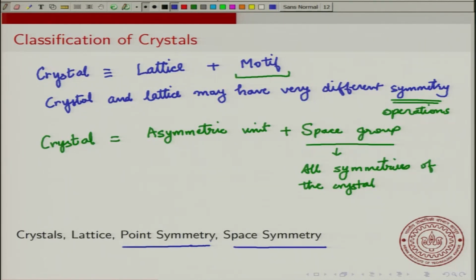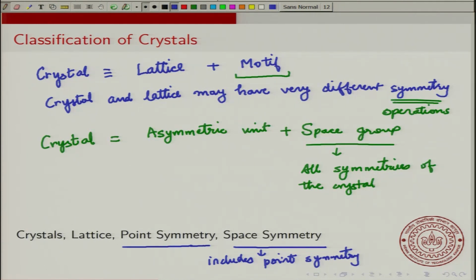So what is important is that space symmetry includes point symmetry and additional translation operations. If you just had point symmetry, then typically you won't have the translational symmetry elements.